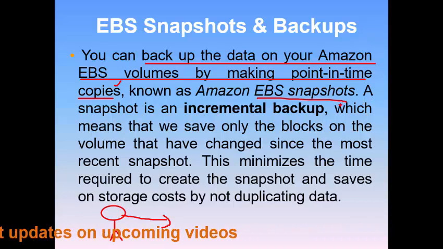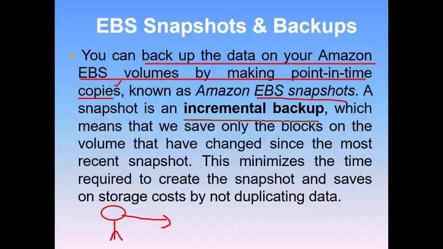A snapshot is an incremental backup. AWS is very smart. It not only keeps the backup, it also thinks about your cost and space. If every time it took a full backup, an exact copy, then what happens? It takes a lot of space and increases the cost for you. First time it will take the full backup.